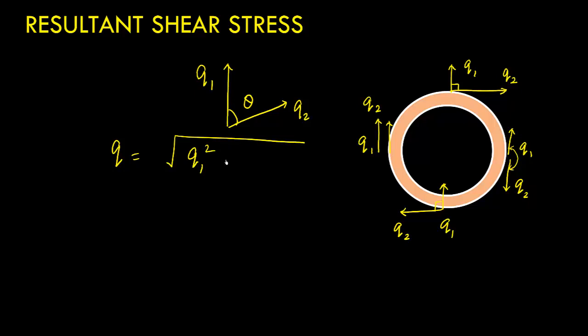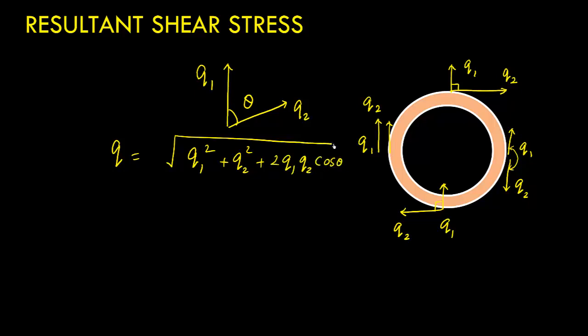So for any given angle, for example, let's say I have shear stress Q1 and shear stress Q2 and the angle is theta, we can find the resultant shear stress Q, that is the square root of Q1 square plus Q2 square plus 2 Q1 Q2 cos theta.